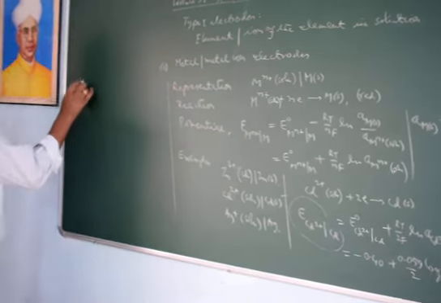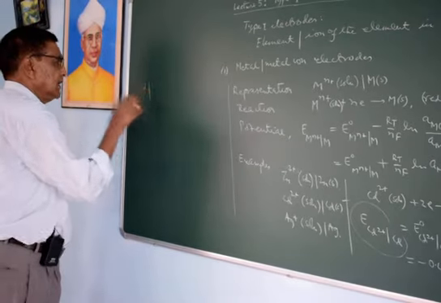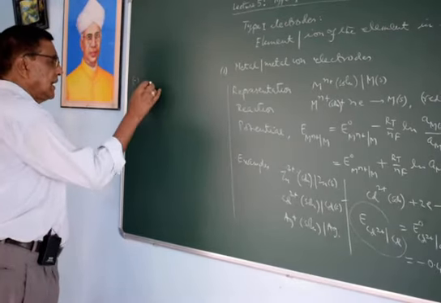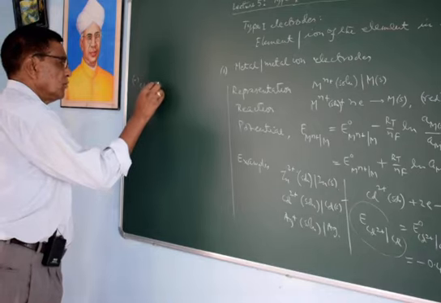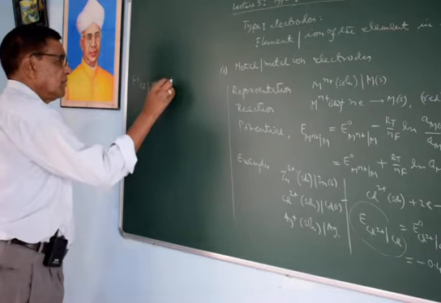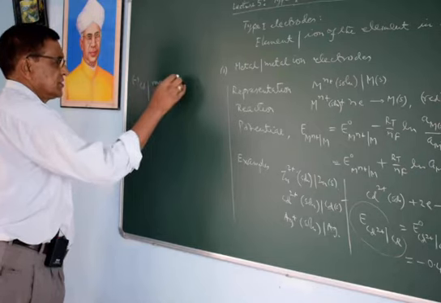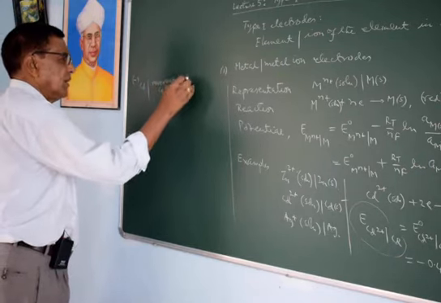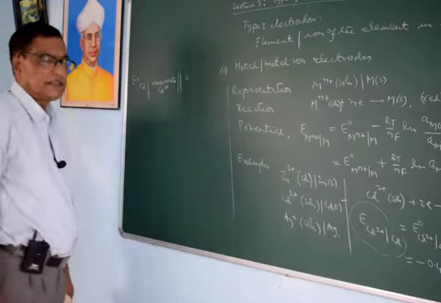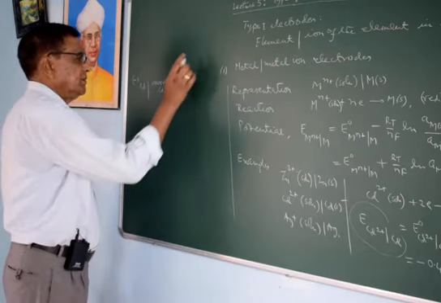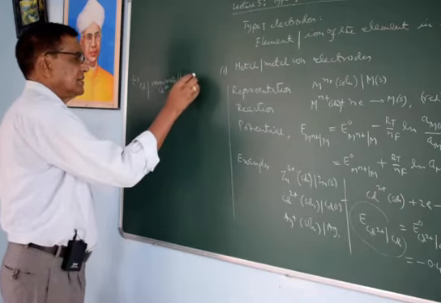For example, here is a cadmium electrode, which is the negative electrode, and here is river water which contains cadmium 2 plus, and here a secondary reference electrode, which can be taken as a saturated calomel electrode whose potential is known to us.